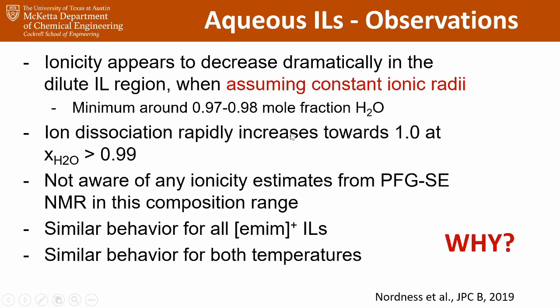So when we do that, it shows this dramatic decrease as we become more and more dilute in IL, all right? And then eventually it does go back up when we get very, very dilute, which would be consistent with complete dissociation at infinite dilution. And we're not aware of any ionicity estimates from NMR in this composition range with which to compare it, right?